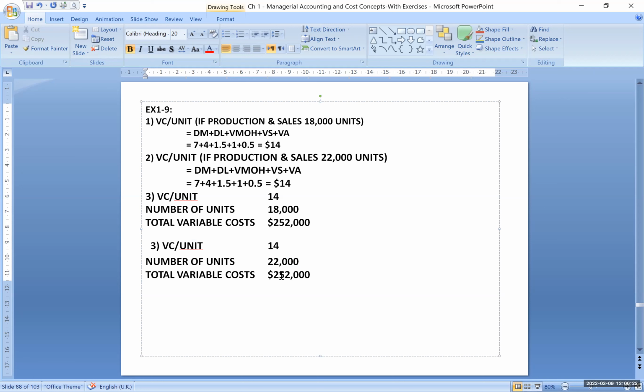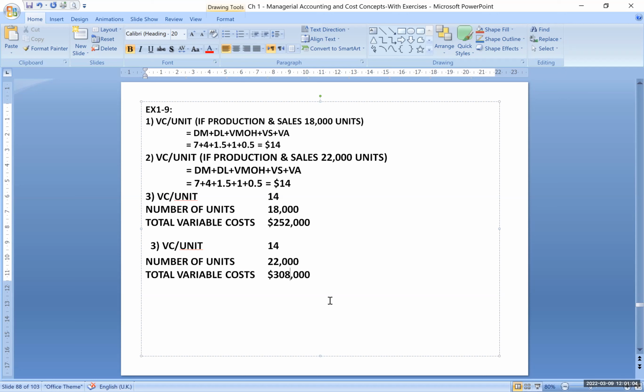So 14 again. The target of the question is to show you that the $14, which is the variable cost per one unit, is constant. So the 14 will be multiplied by 22,000, and the answer will be $308,000. The key to answer these questions is that they are asking about the total variable cost. Remember that the variable cost per one is constant, so we are using the 14 in the two questions.